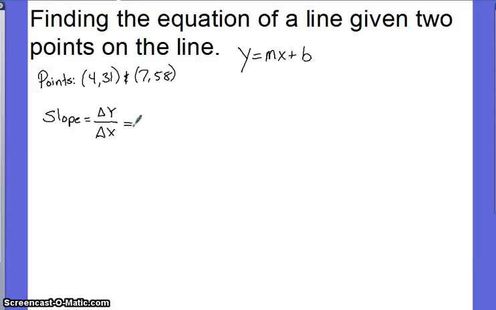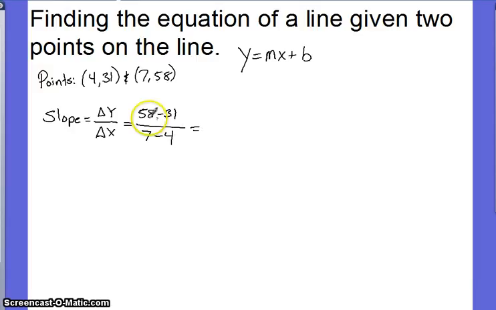Here, my change in y, I went from 31 to 58. If you can't remember that, one way you can think about it is you could subtract 58 minus 31 over a change in x, 7 minus 4. I went from 4 to 7. I went from 31 to 58.